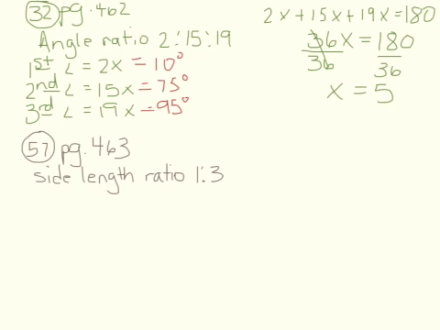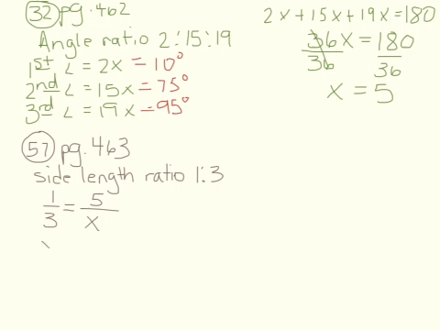Okay, on page 463, number 57, I know that my side length ratio is 1 to 3 on these 2 triangles. I know that from the information that they gave me that I'm going to set up 1 over 3 equal to, and then I know that in the small triangle one of the legs, the height of that triangle, is 5, so I can find the height of the big triangle by just cross multiplying and dividing here.